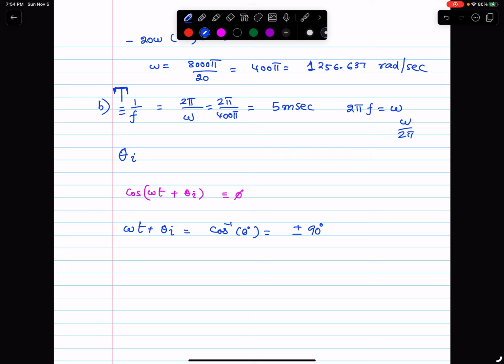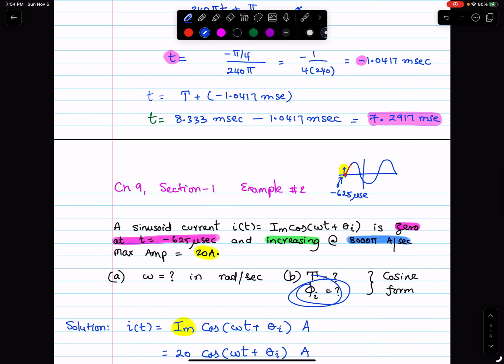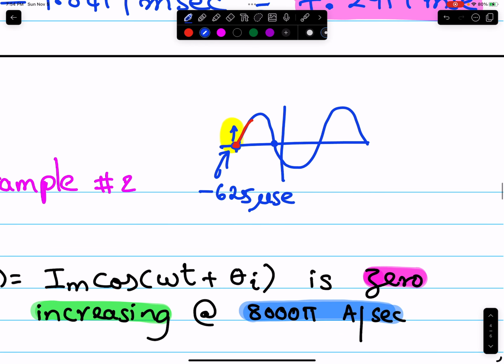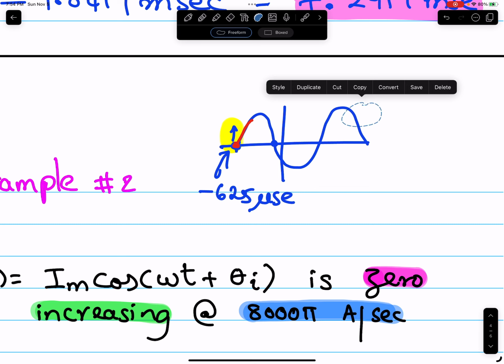We are using negative 90 because we are thinking of cosine as being delayed here. Your actual cosine would look something like this.